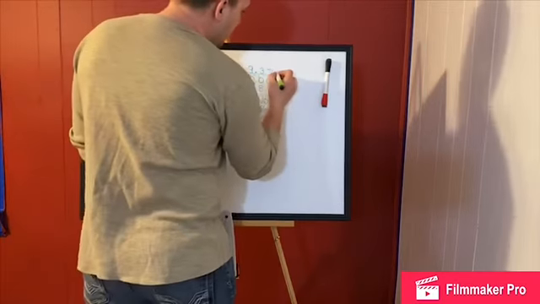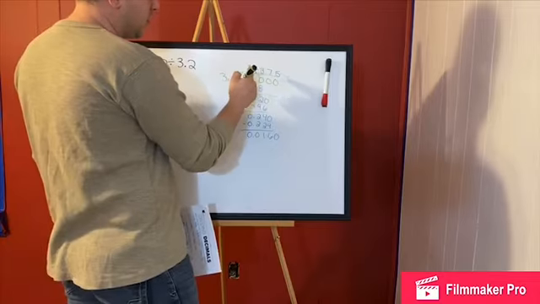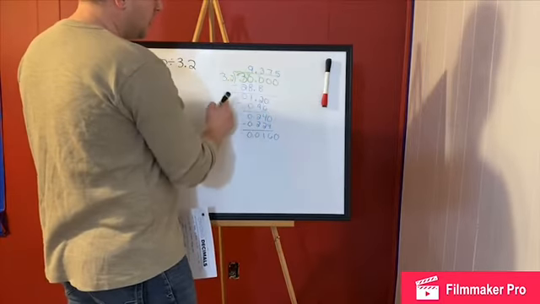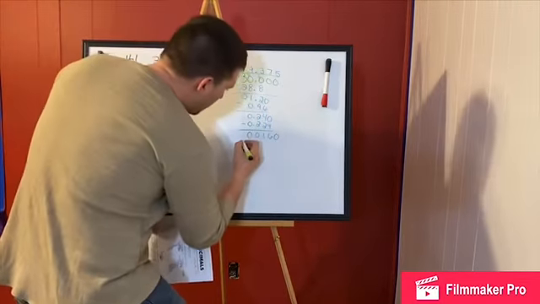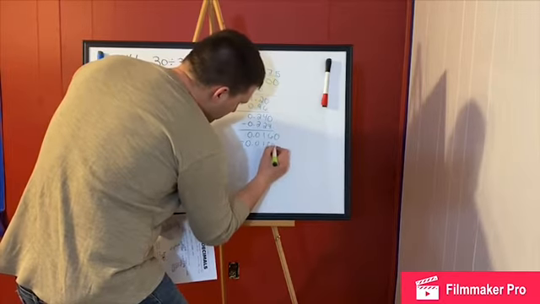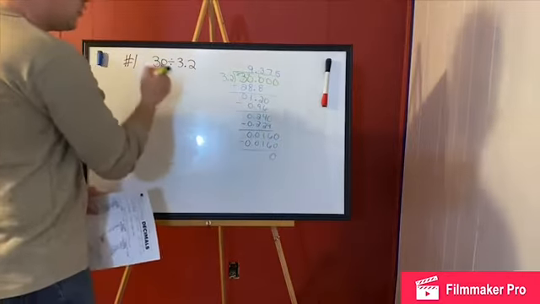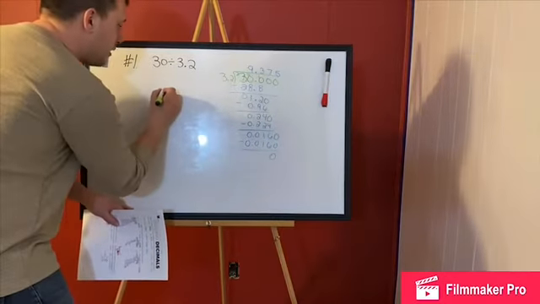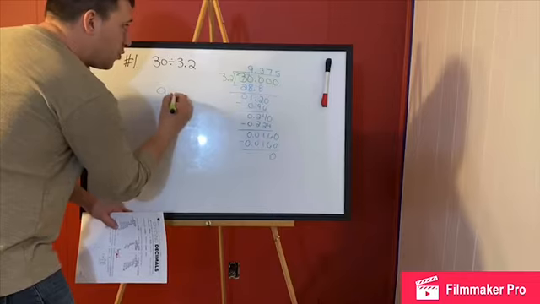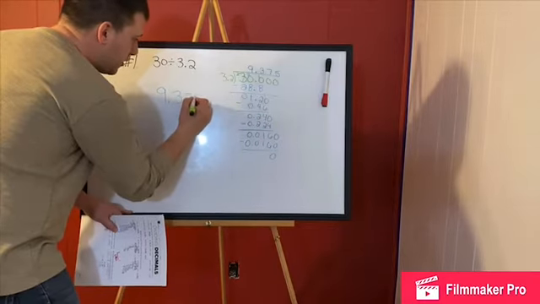If we multiply 0.005 by 3.2, we get 0.0160, which gives us 0. So our answer to number 1 is 9.375.